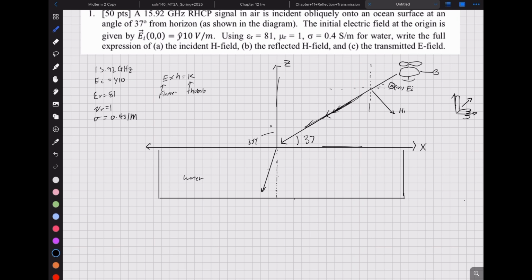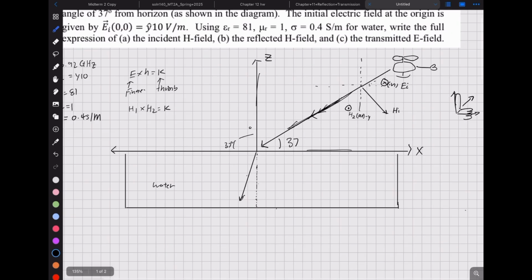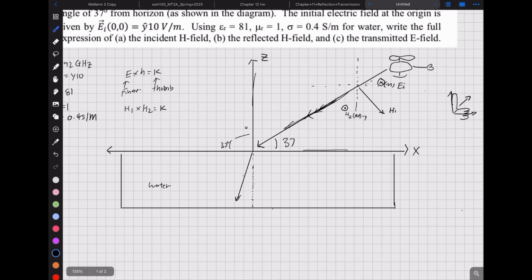The next part is that H1 cross H2 is equal to K. So H1 is going this way, our K is going this way, and our H of 2 is going out of the page. So we should expect that H of 2 is going to be in the negative Y direction, because in this problem, Y is going into the page.